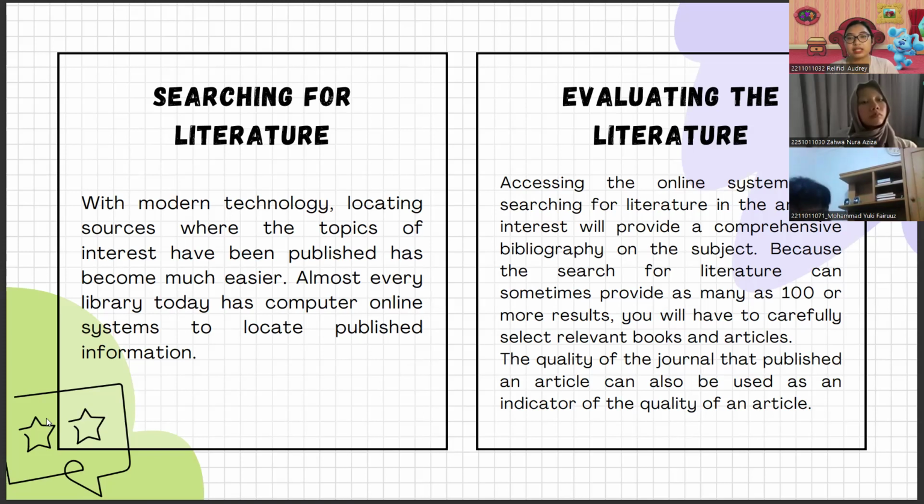So accessing the online system and searching for literature in the area of interest will provide a comprehensive bibliography on the subject, because the search can sometimes provide as many as 100 or more results. So you will have to carefully select the relevant books and articles. The quality of the journal that published an article can also be used as an indicator of the quality of an article.